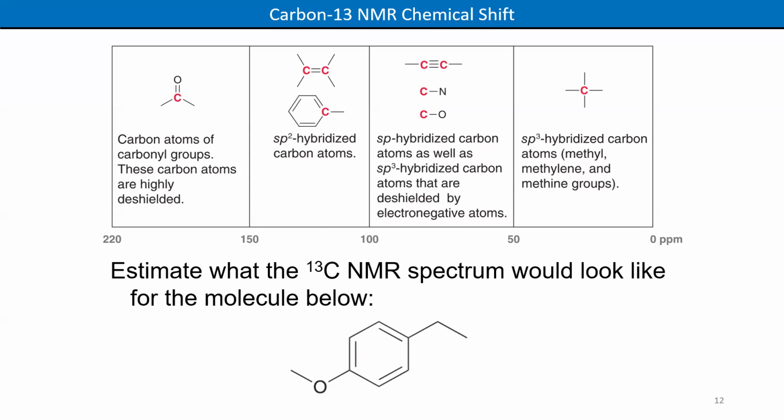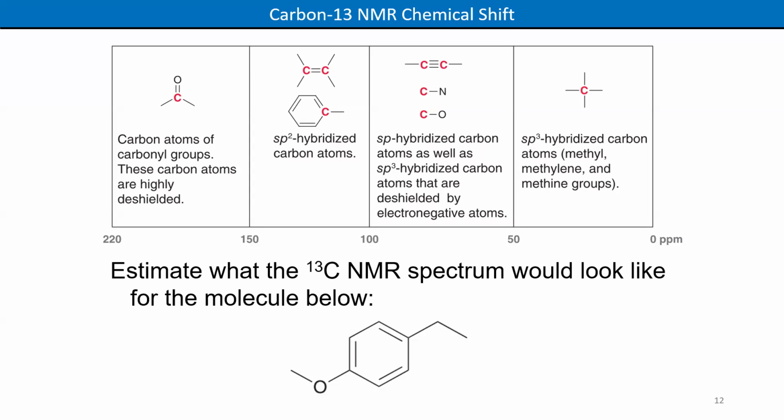And you can tell with a little bit more certainty the difference between carbonyl types. An acid carbonyl and an ester carbonyl show up in that 160 to 180 range, versus ketones and aldehydes, which show up even further, closer to 200 to 220.